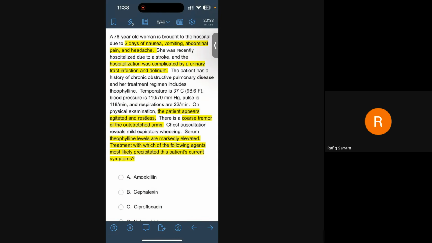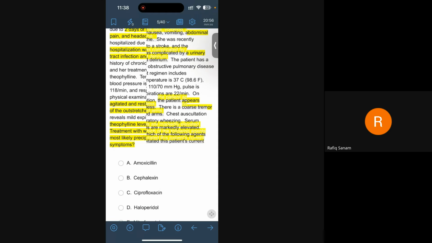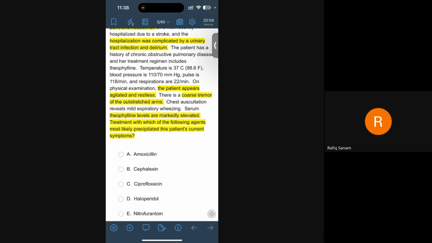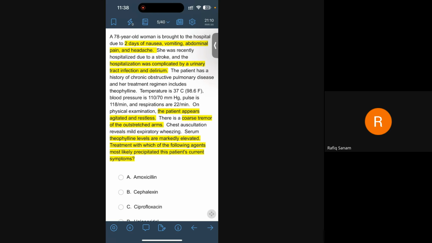Okay, so we see a coarse tremor, agitated and restless. This can be explained by the neurotoxicity of theophylline, because the question clearly mentions that the theophylline levels are markedly elevated. Now it has also been mentioned that theophylline is metabolized by cytochrome P450, and the patient was given a drug for urinary tract infection.